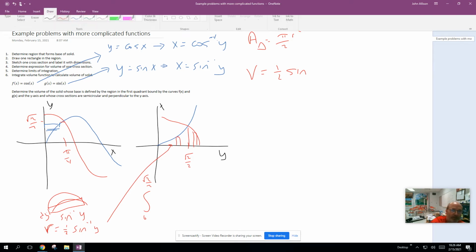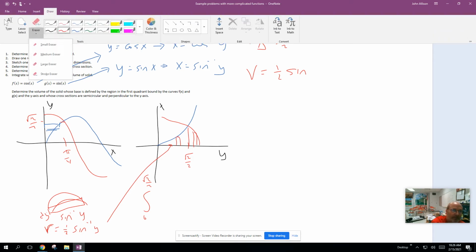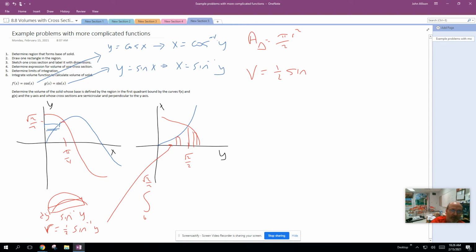Let's back this up a little bit. That's the radius.